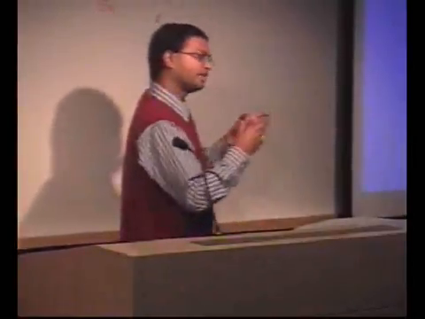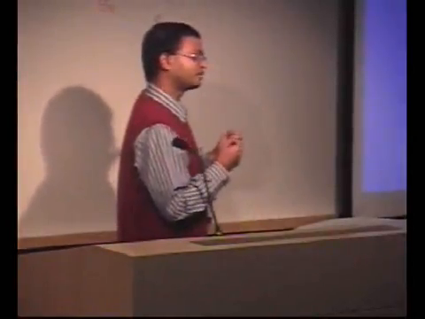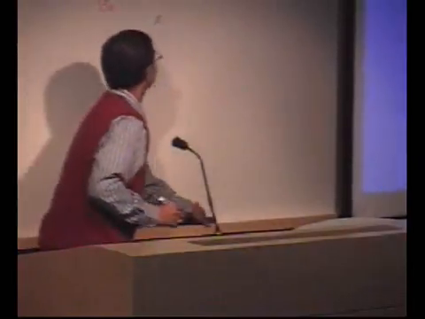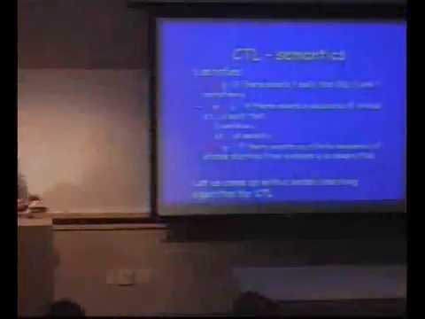It turns out that since CTL is a state logic, you can label each state with the sub-formulae that are true in that state. And if you do it in the right order, then you can come up with a very efficient algorithm to model check CTL. What do I mean by sub-formulae?